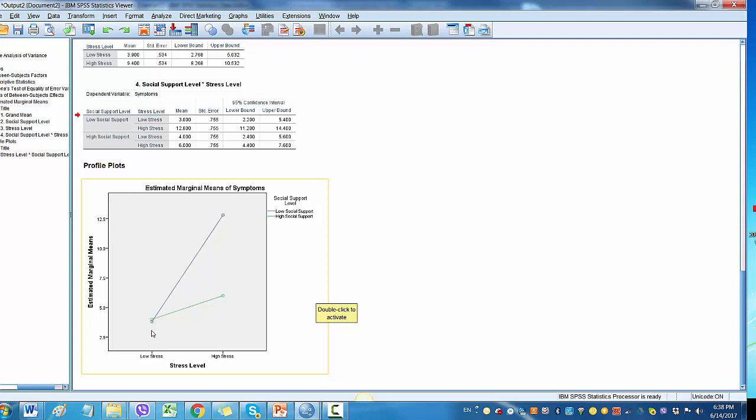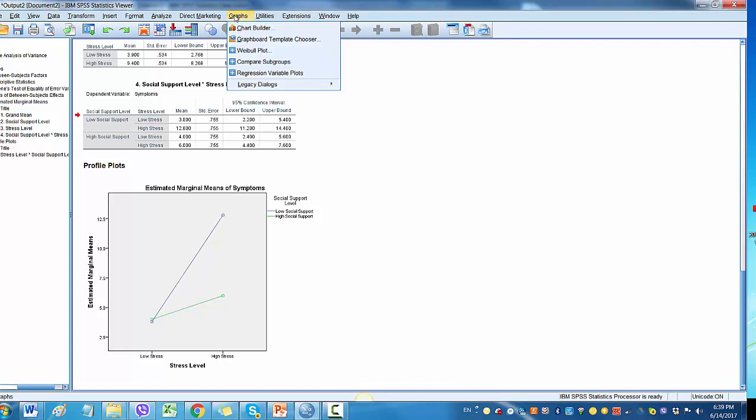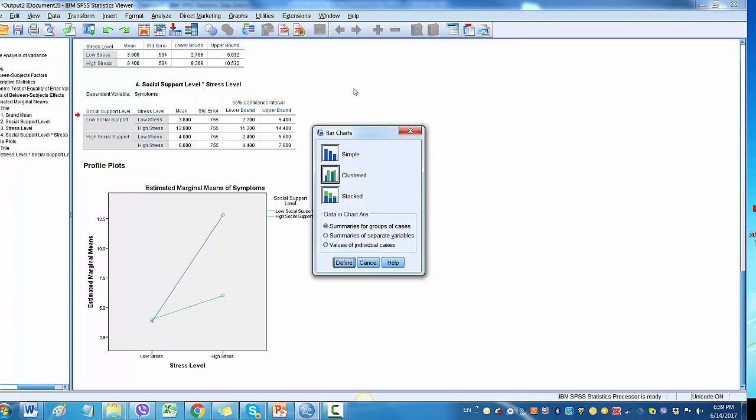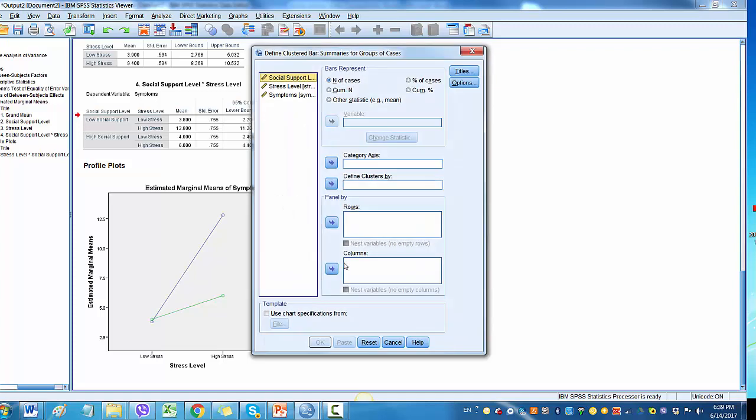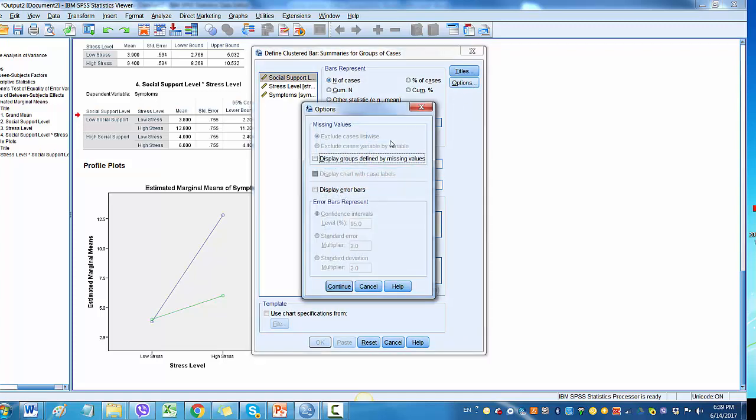So let's take a look at a graph which will be produced from the legacy dialog. So we go to Graphs, Legacy Dialogs, Bar, Clustered, because we have levels, and then we go to Options. We want to see the error bars.